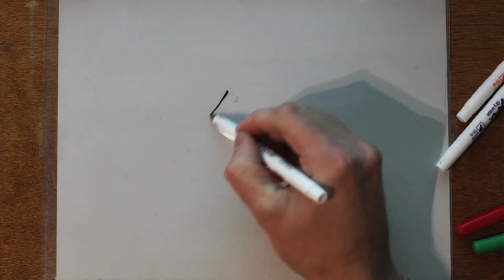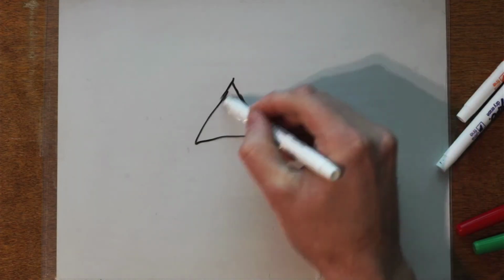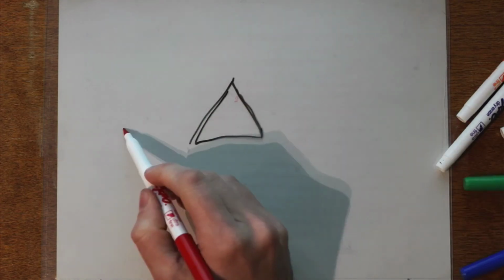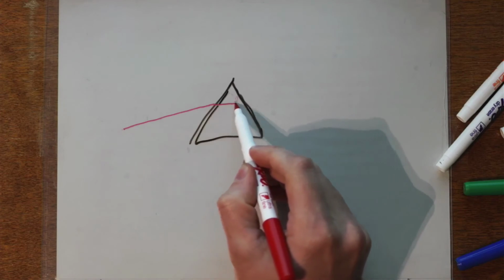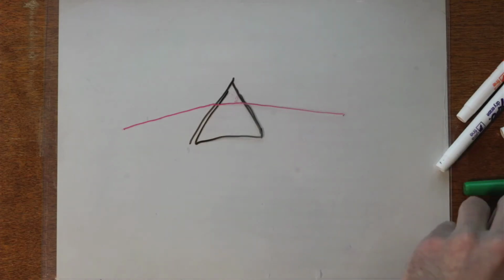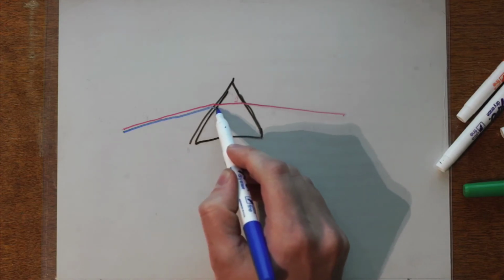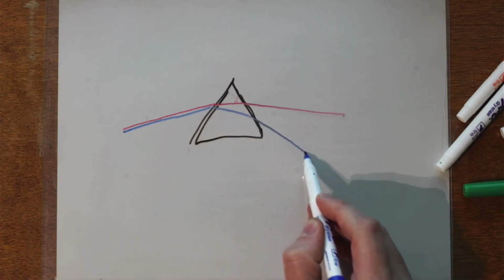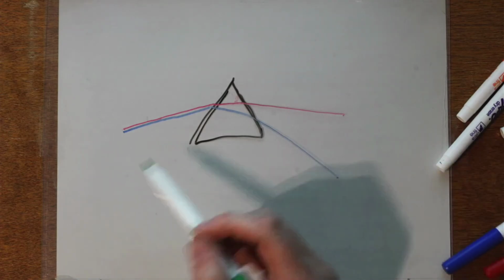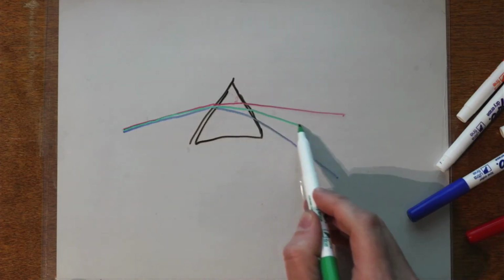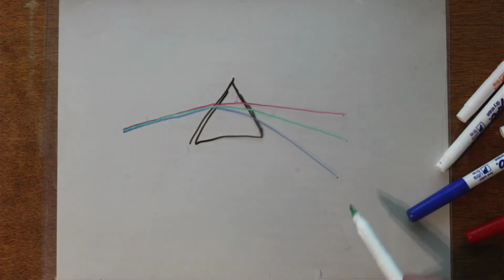So we can have a prism, have red, have blue, and we can have green. Right, more energetic is going to bend more, less energetic is going to bend less.